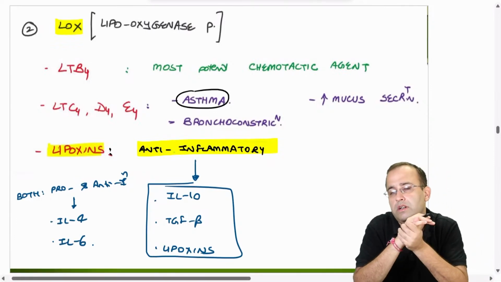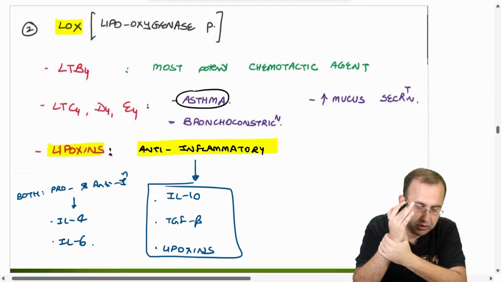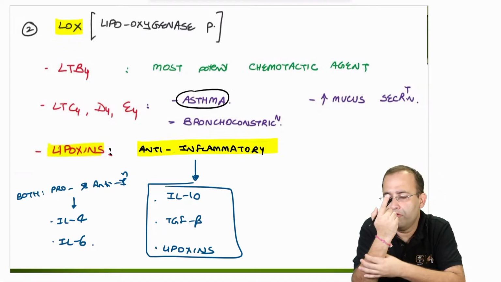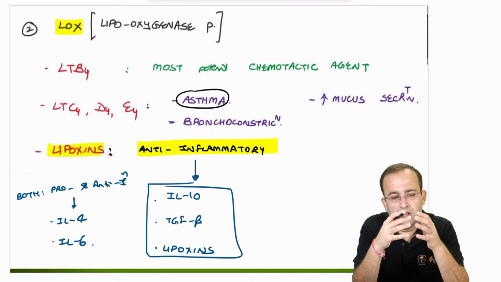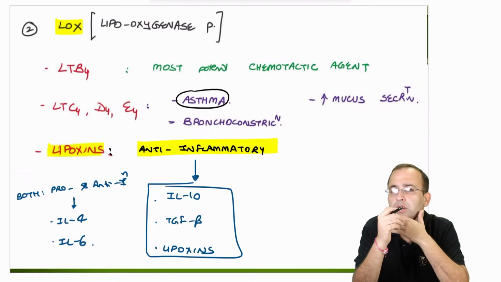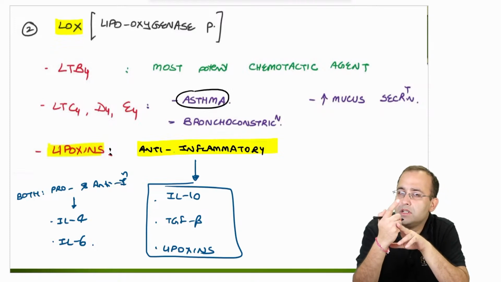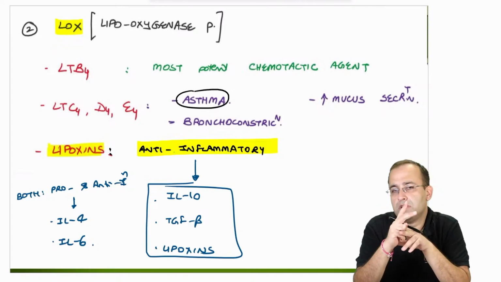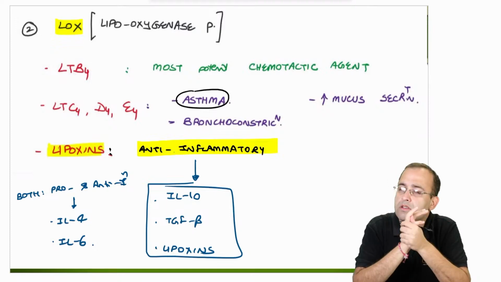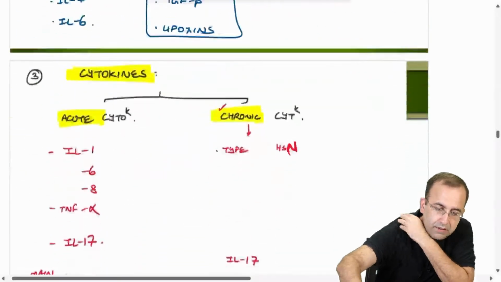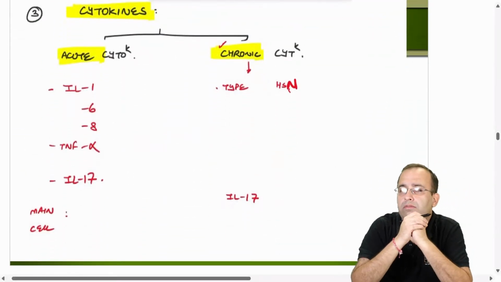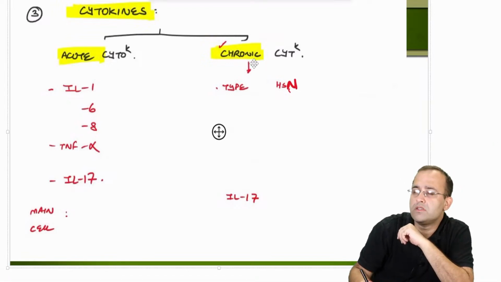An important slide. So let us have a look at cytokines here only. We saw the first acute inflammatory mediator, arachidonic acid metabolites, with 2 main pathways, COX and LOX. Next are the cytokines. We can divide cytokines into acute versus chronic.